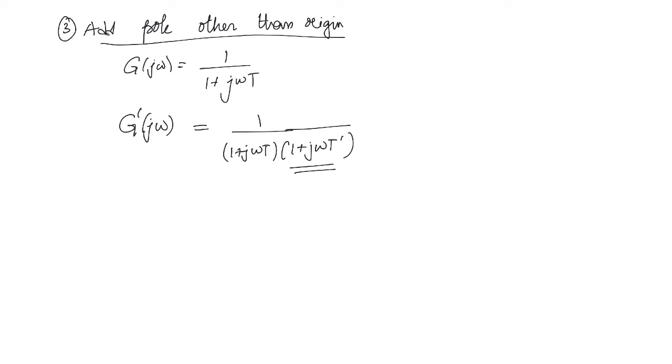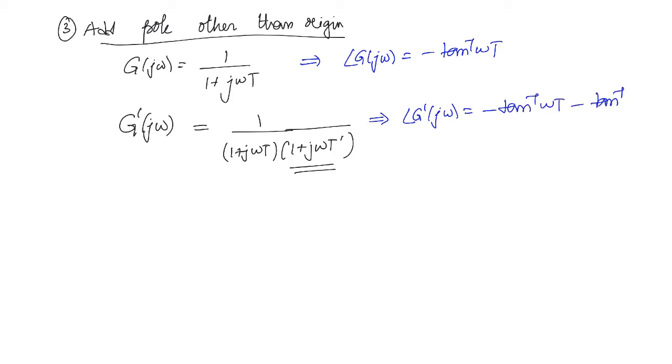Now you can see the phase, angle G of j omega is equal to minus tan inverse omega T, and here angle G dash of j omega will be equal to minus tan inverse omega T minus tan inverse omega T dash.